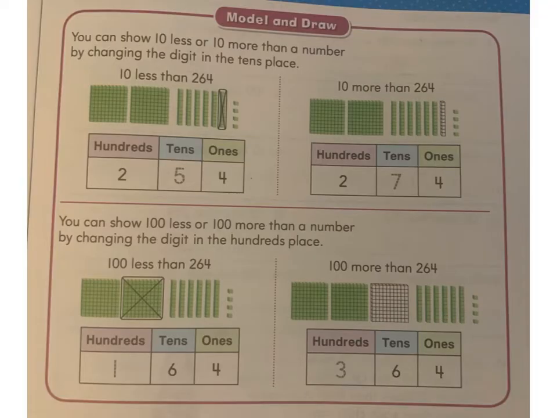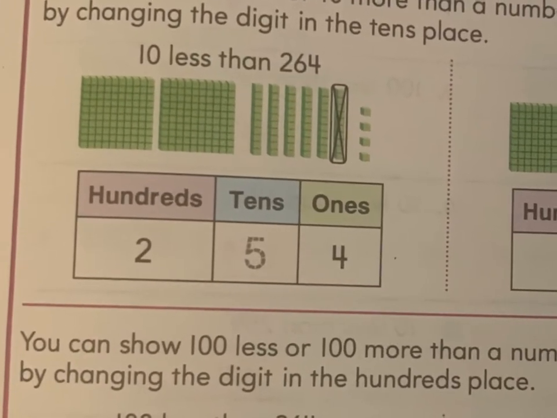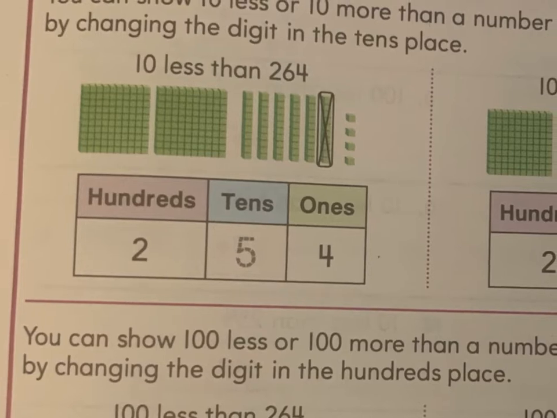Let's look at the model and draw box on page 90. It says, you can show 10 less or 10 more than a number by changing the digit in the tens place. So up here, we want to show 10 less than 264.